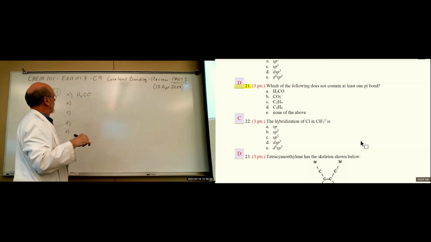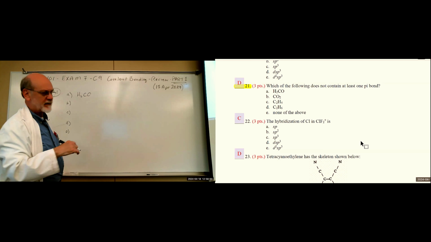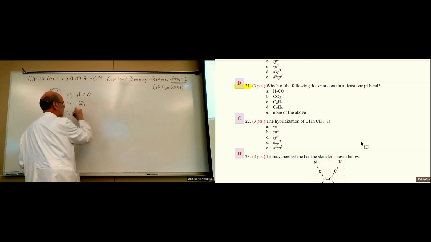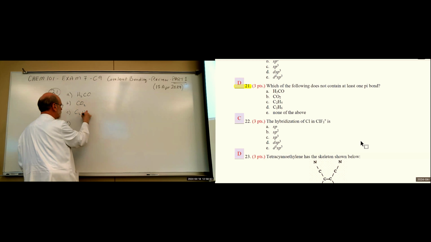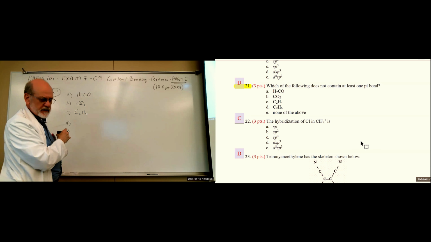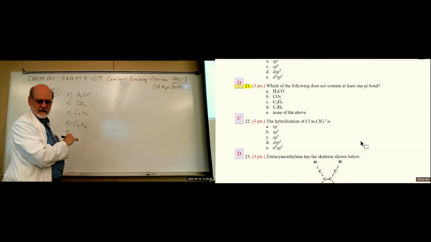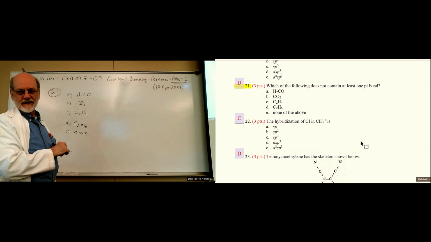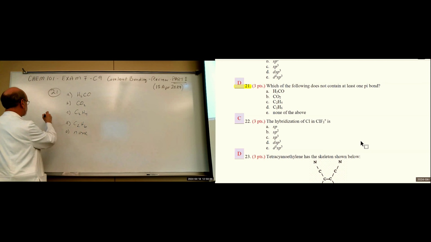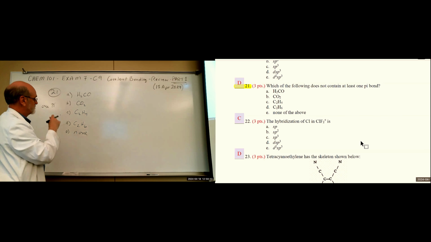I believe that is formic acid. Carbon dioxide. C2H4, ethylene, C2H6, ethane, and none of the above. None of the above what? At least one pi bond.